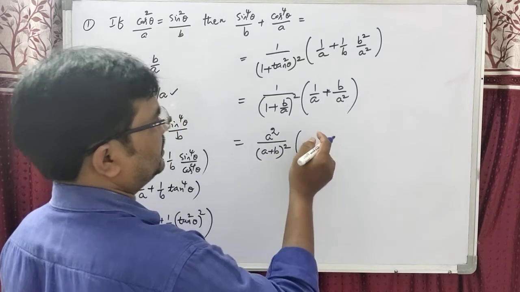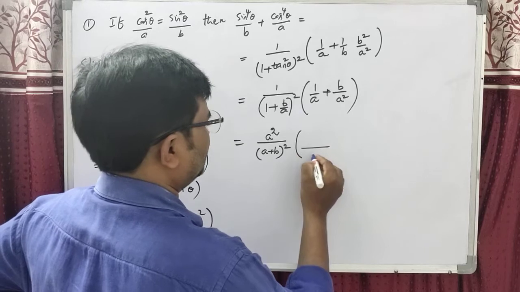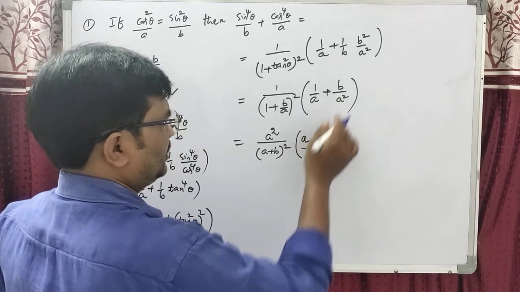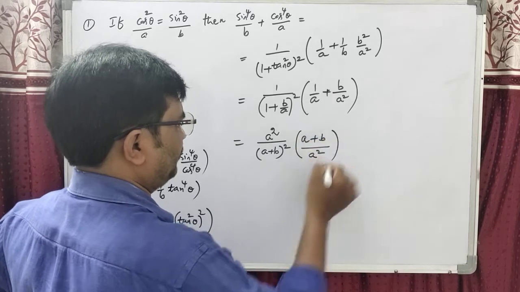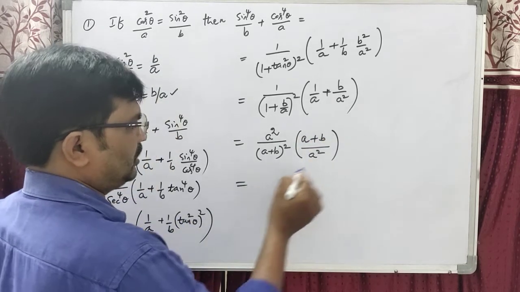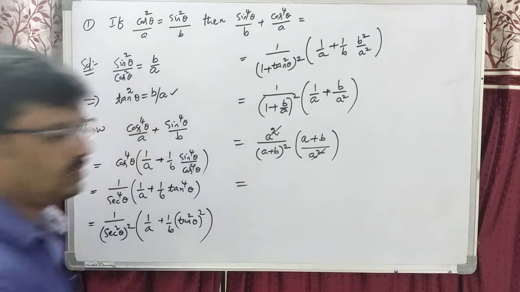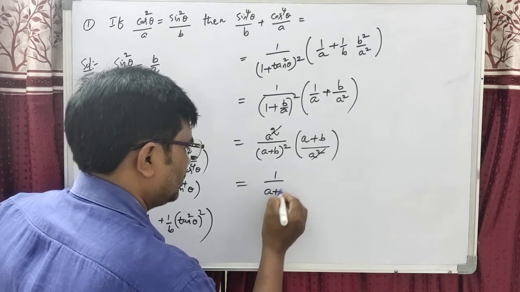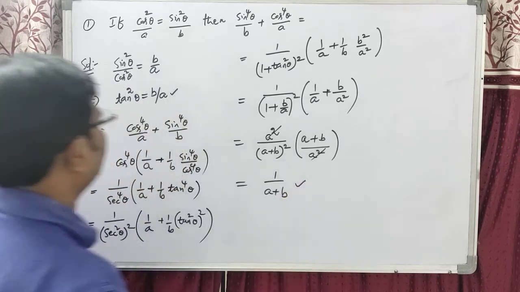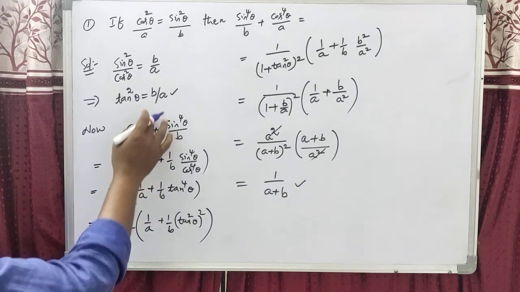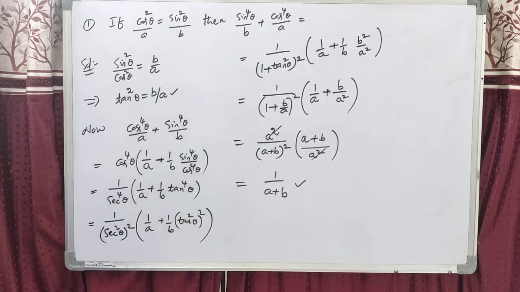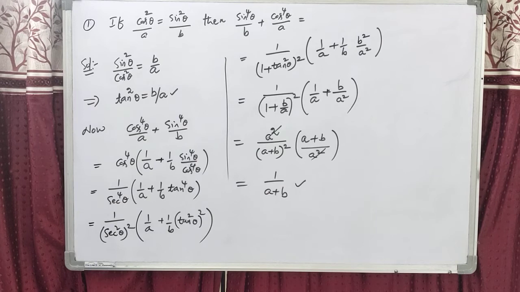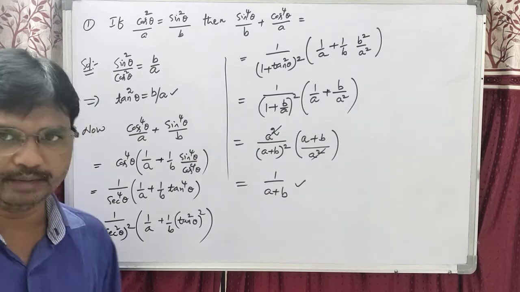Taking the LCM as A square, one A cancels, A square cancels B. A plus B cancels. Now the remaining is 1 upon A plus B, which is the value of cos power 4 theta by A plus sin power 4 theta by B. Okay, students, write down 1 upon A plus B.